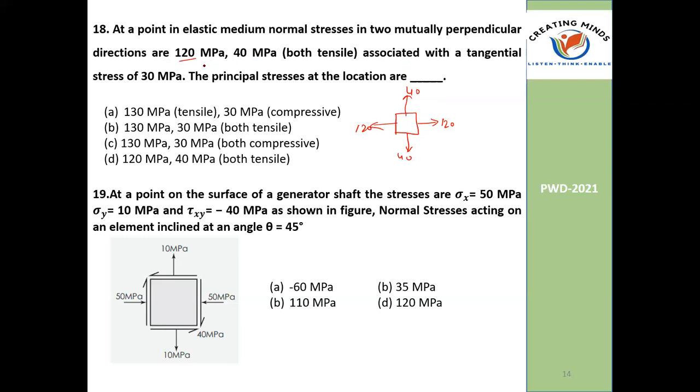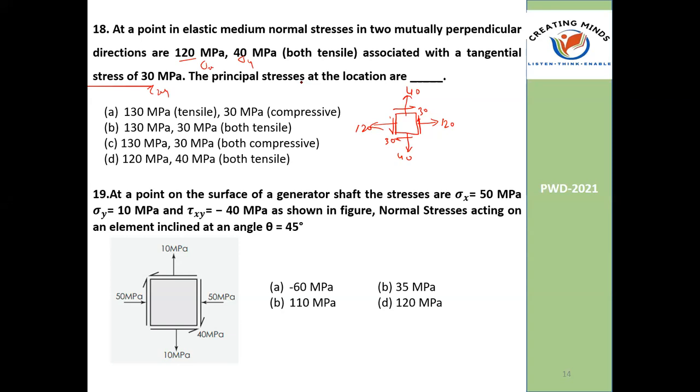I have already told you, you get only 3 values: one for sigma x, another for sigma y, and tangential for sigma xy. To maintain equilibrium, this is 30 and this is also 30. So now you have sigma x and sigma y.